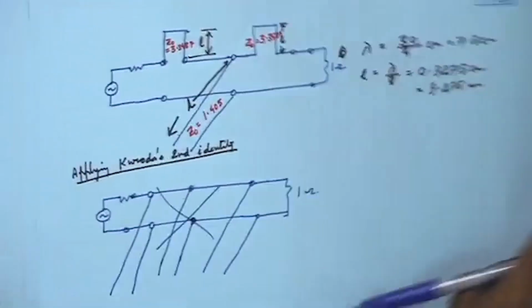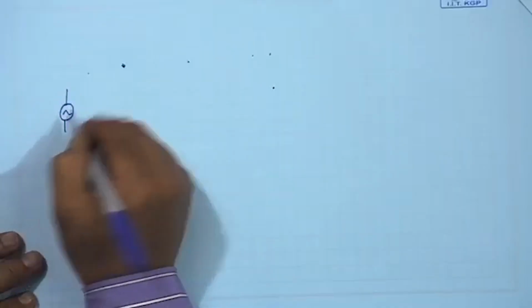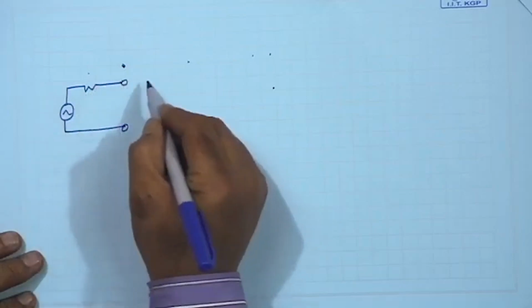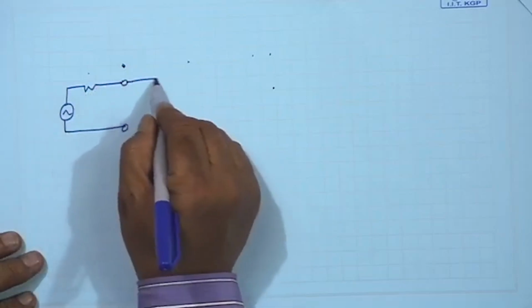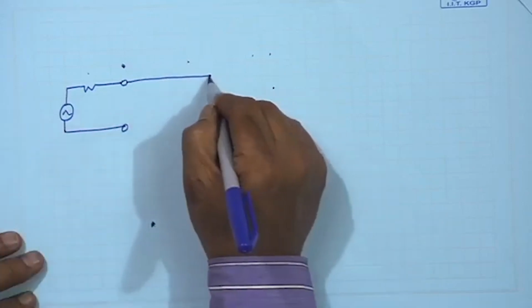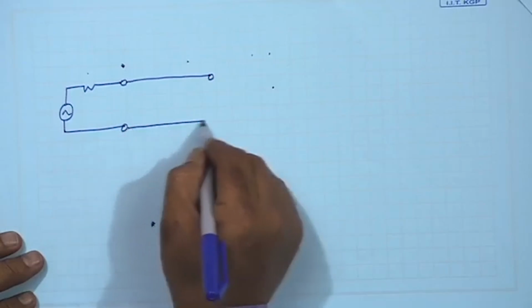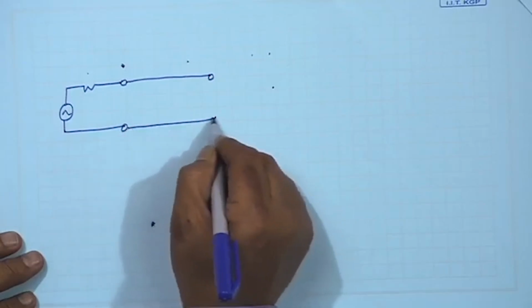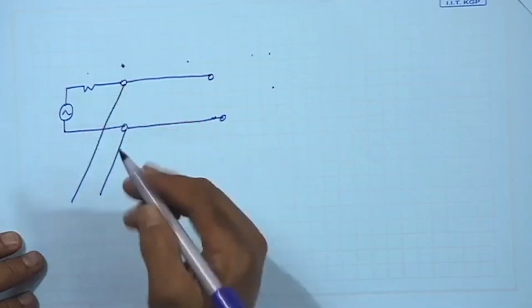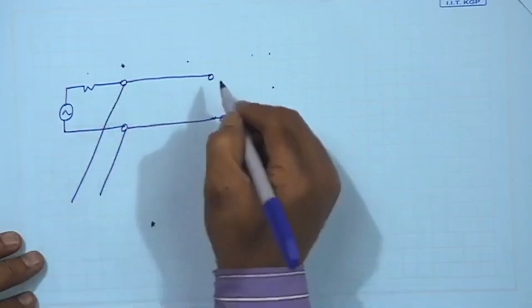Let me redraw, because the element should be drawn first. First we will have to make one unit element, and then that element will be having a stub.